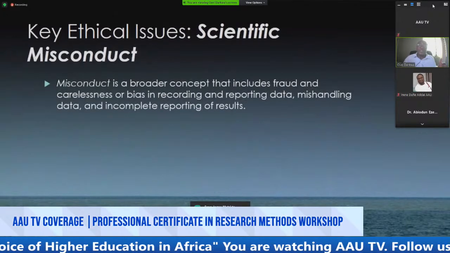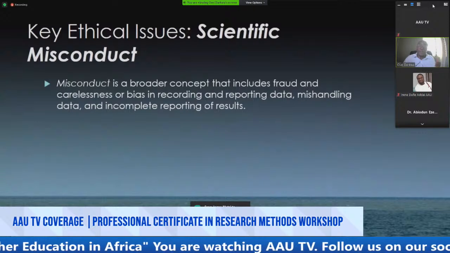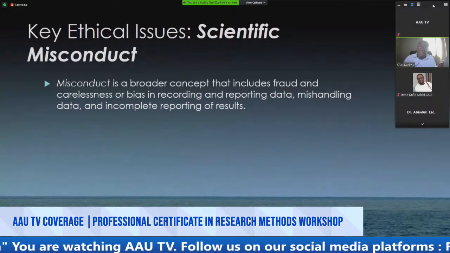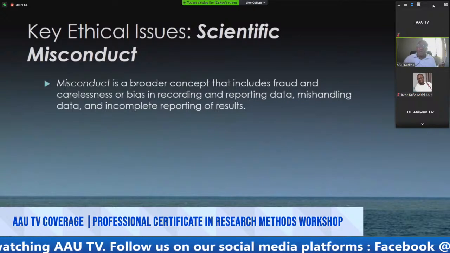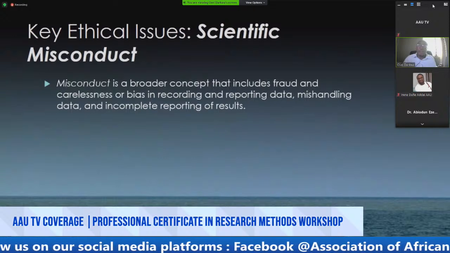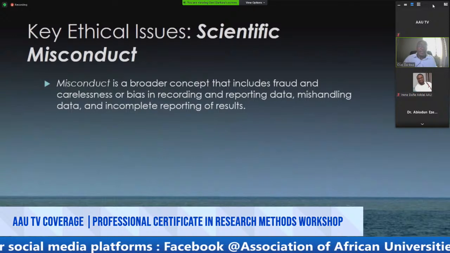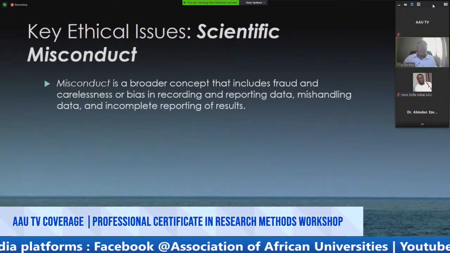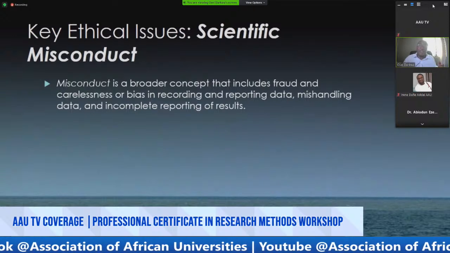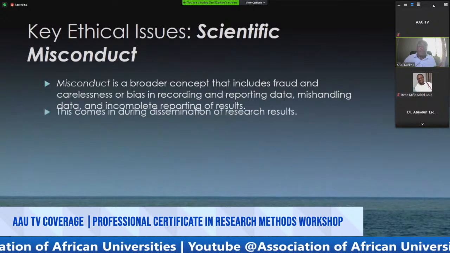Fraud and scientific misconduct are closely related. But misconduct is broader. It's a broader concept. It also includes fraud and carelessness or bias in recording and reporting data, mishandling data, and incomplete reporting of data. So that is a broader concept than fraud, scientific misconduct.